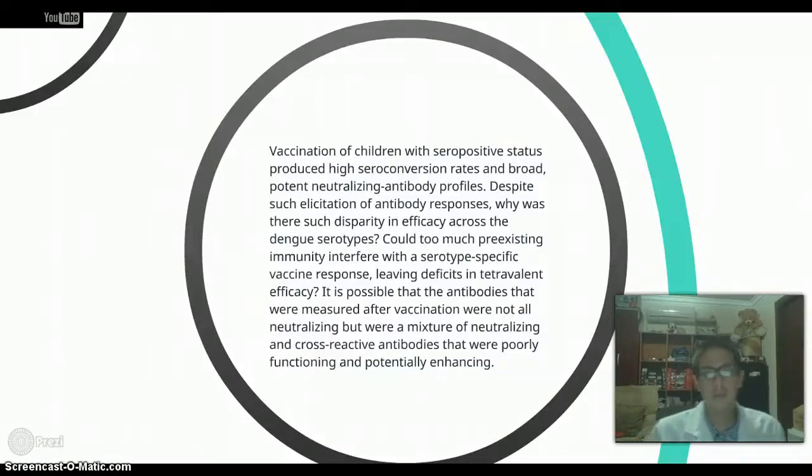Despite such elicitation of antibody responses, why was there such disparity and inefficacy across the dengue serotypes? Could too much pre-existing immunity interfere with the serotype-specific vaccine response, leaving deficits in tetravalent efficacy? It is possible that the antibodies that were measured after vaccination were not all neutralizing but were a mixture of neutralizing and cross-reactive antibodies that were poorly functioning and potentially enhancing.